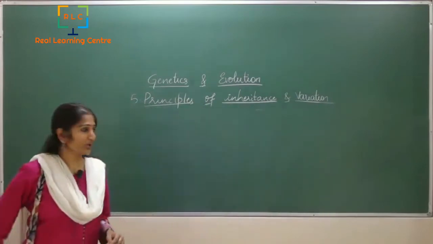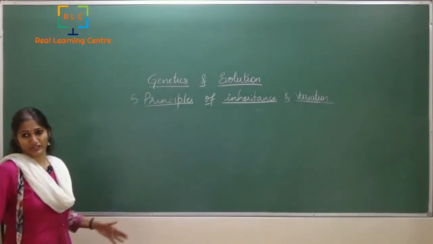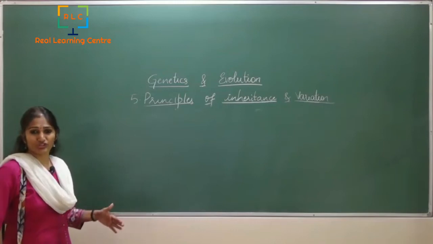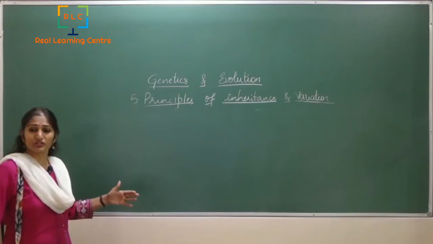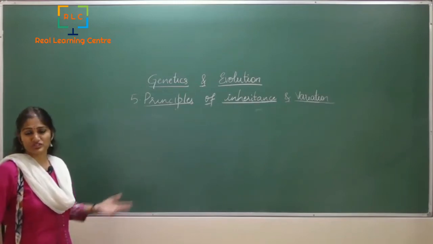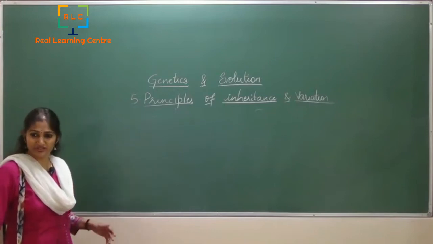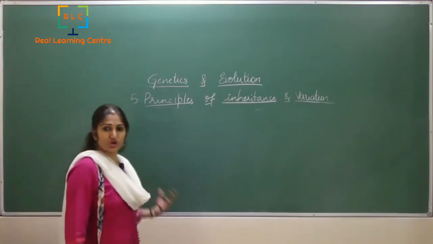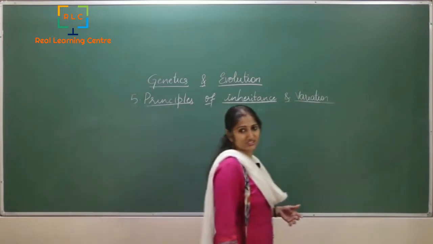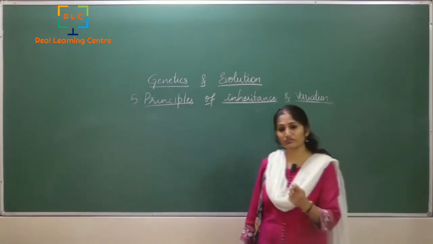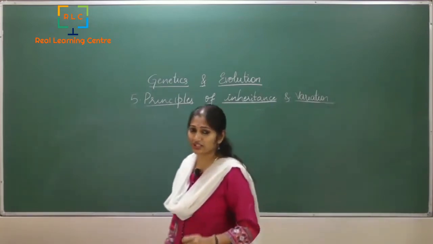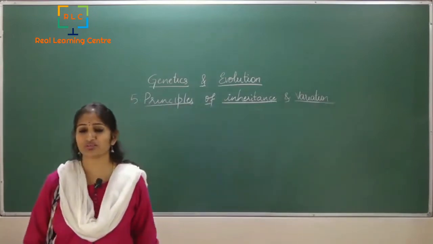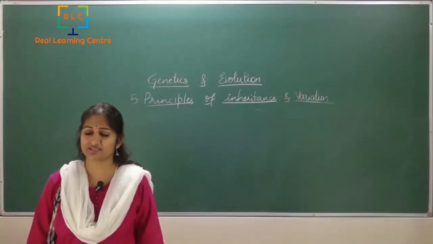That is why 50% of the F2 siblings resemble the grandparents, having homozygous dominant and homozygous recessive genes respectively, and two of them resemble their heterozygous parents. So this is what we have seen in our last class.